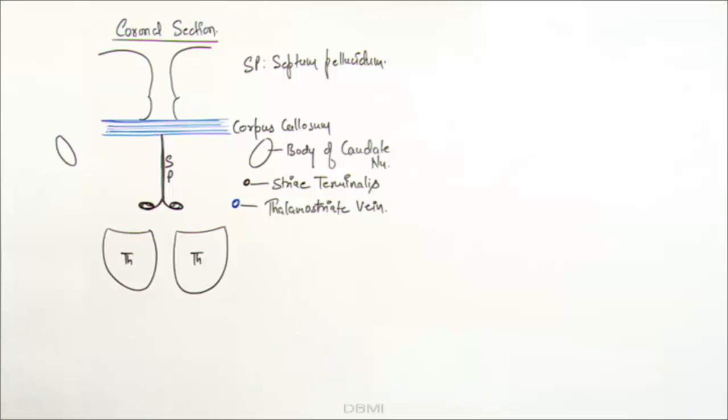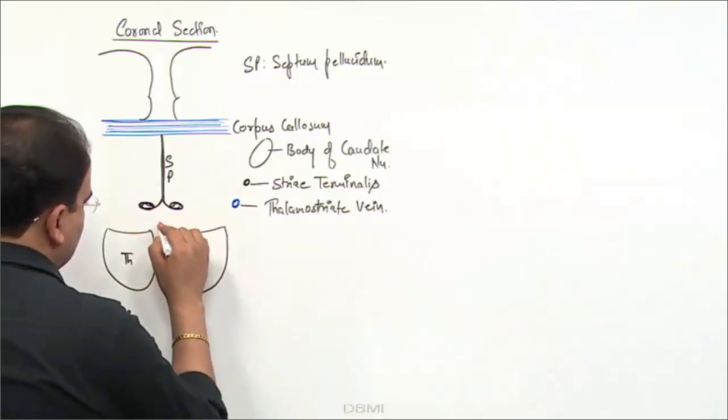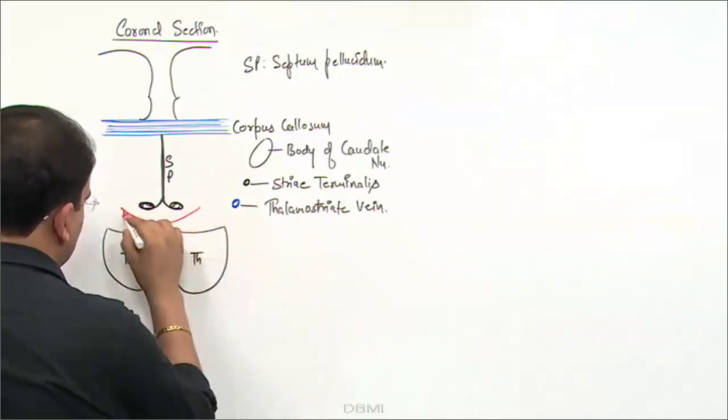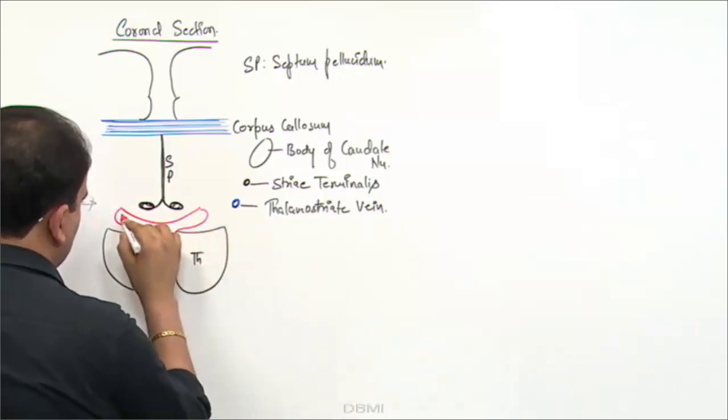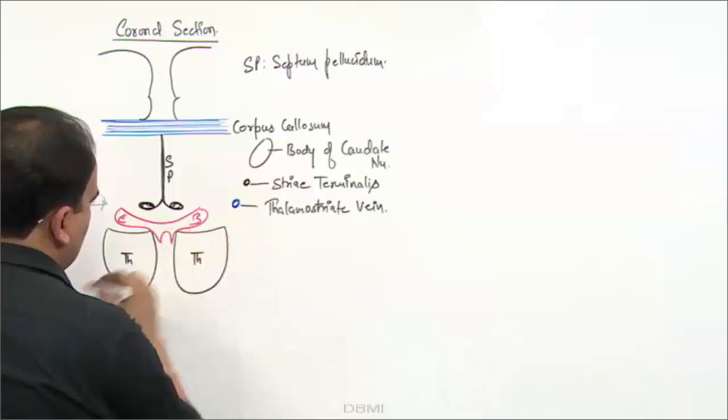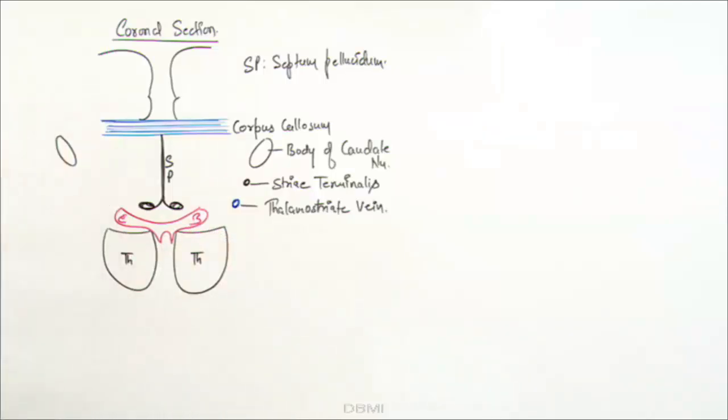I also need to draw the choroid plexus present here, which is seen like this. This is the choroid plexus.